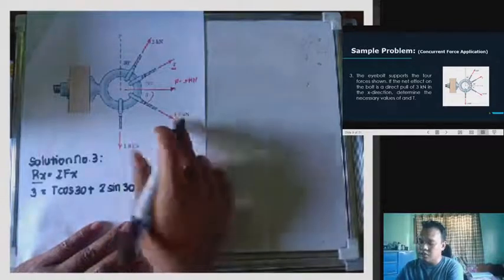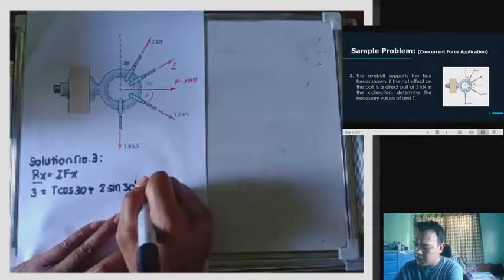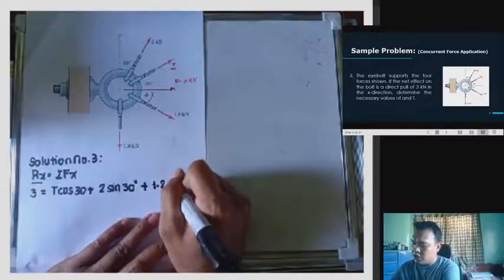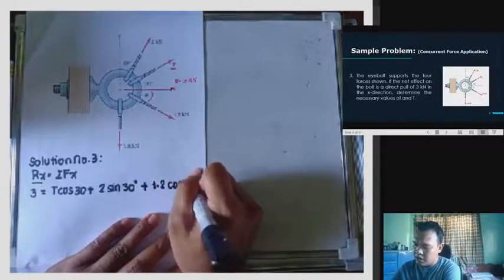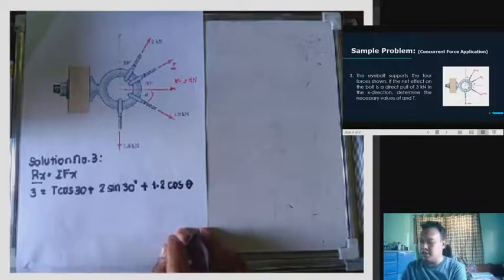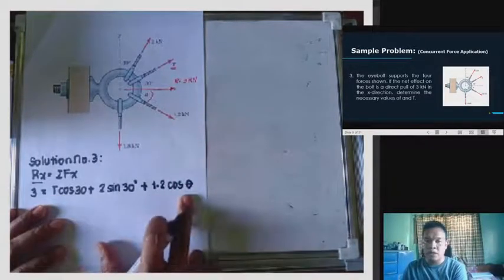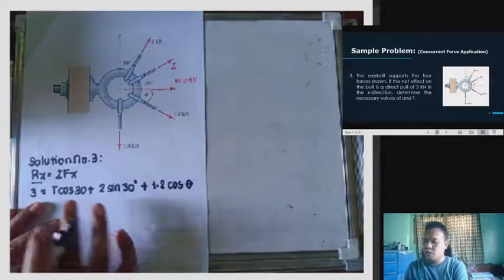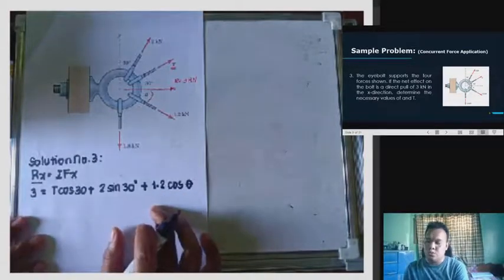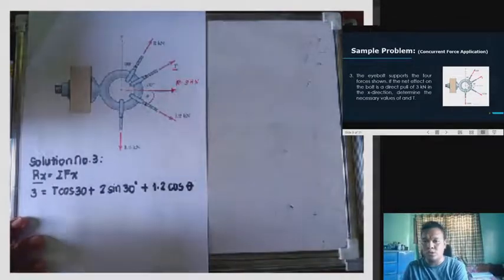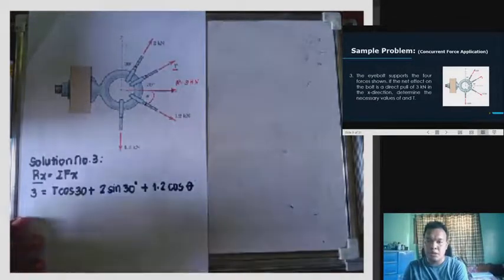Then ito, plus 1.2 cosine theta. So, since we have here T na unknown, and theta na unknown, wala pa tayong masasolve dyan kasi we have single equation. So, we need to get another equation. 2 equations, 2 unknowns, solvable.